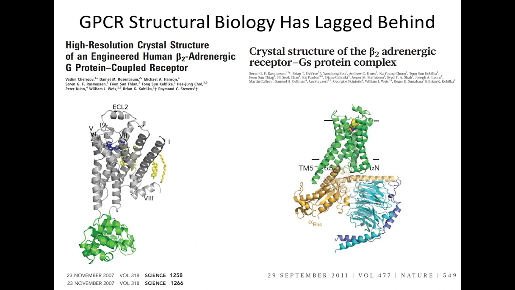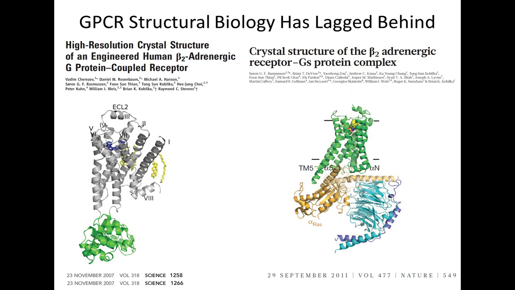Unlike most soluble proteins, the structural work on GPCRs has lagged far behind, for a variety of different reasons. One of those reasons is that they're very difficult to express and very difficult to purify.